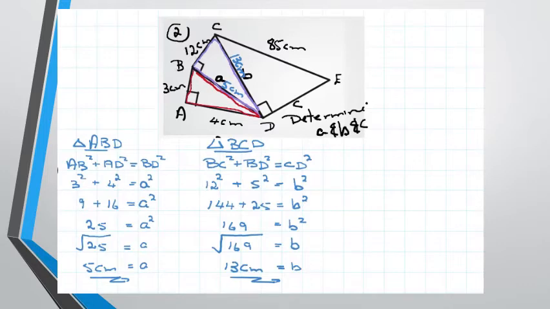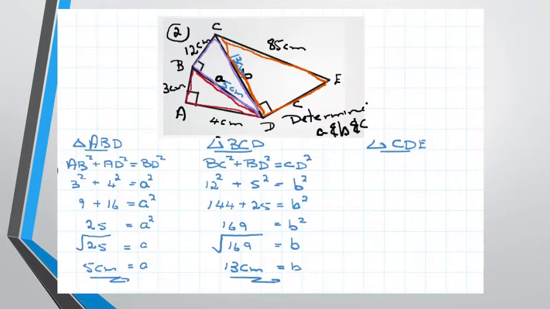Now I'm going to be in the triangle CDE. Let me see if I can just try to highlight this one here. Now I'm in that triangle there. Let's highlight the triangle first. Triangle CDE. What's going to happen now in this triangle?